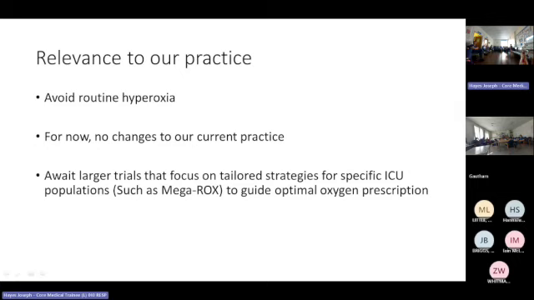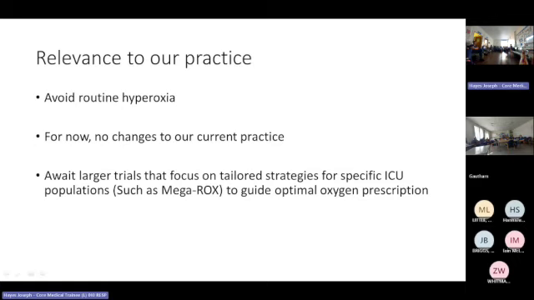But what I actually think is more important is trying to figure out what the best target oxygen saturations are for individual diagnostic subtypes. So maybe it will be the default in the future that we use target sats of 88 to 92% and then just change them on an individualized basis for whatever subgroup or population would do better with a higher oxygen saturation.